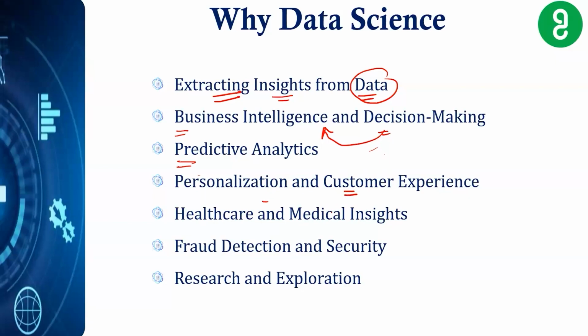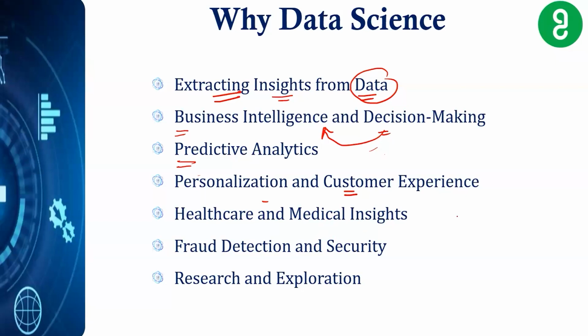And the fourth point is personalization and customer experience. If you have raw data about e-commerce websites, by analyzing the customer data, your data science approach allows the business to offer a personalized experience. That is recommendation, right? If you enter e-commerce websites like Amazon or Flipkart, they will recommend some collaborative products as well, and some new products as well.